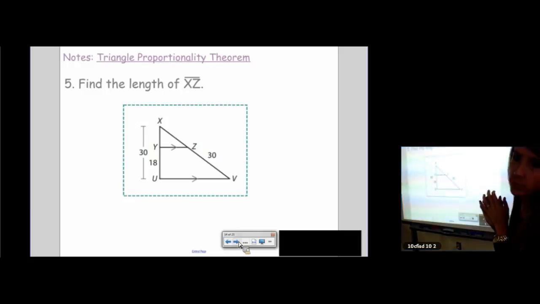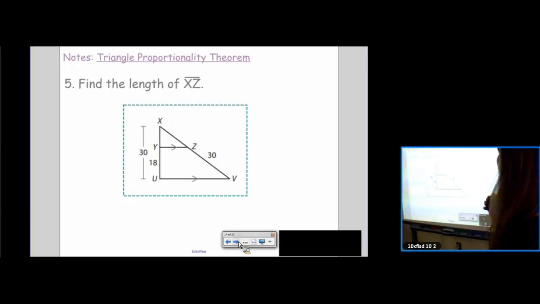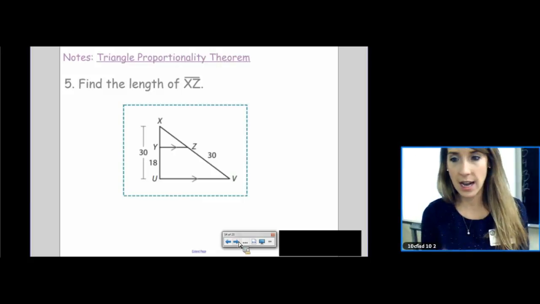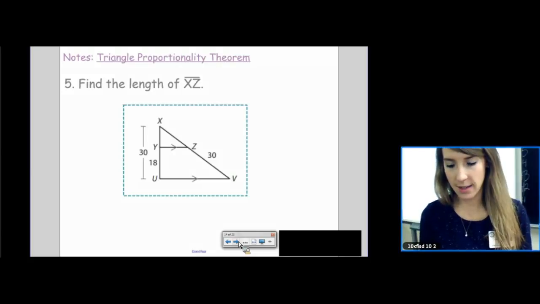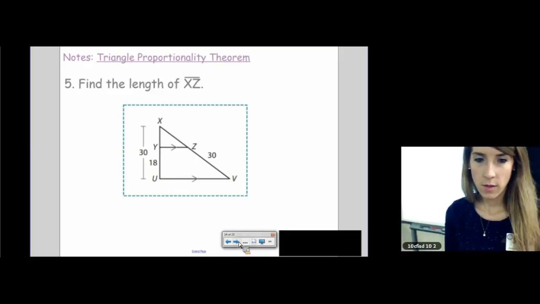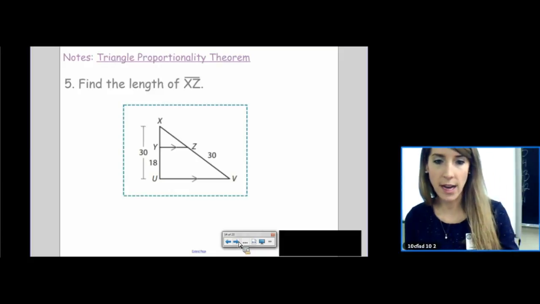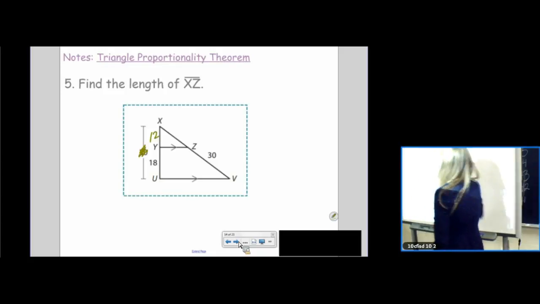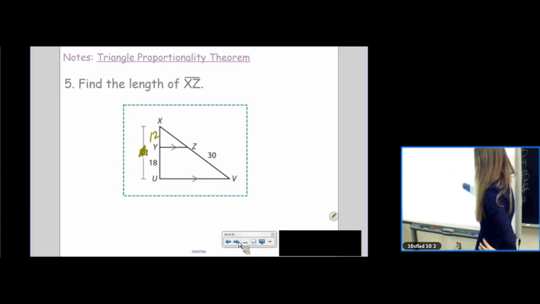Let's do this one. Find the length of XZ. So if we wanted to use our new theorem, we can't use 30 and 18. We would need to subtract them. We have to use the parts, the segments that are created. So I'm going to write 12 here. Okay, now we've used U, so don't use it again. We're trying to find XZ.